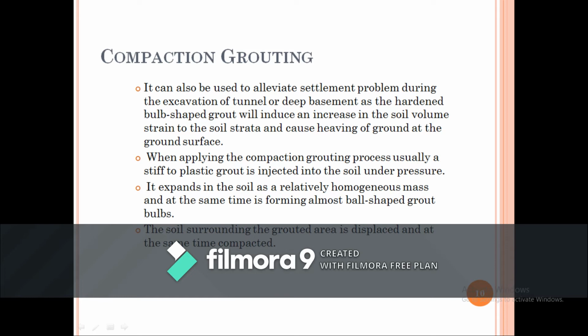I said initially that when you apply pressure, it can travel very smoothly. A semi-solid material will behave like a liquid. So whenever you are applying compaction grouting, always remember that a stiff to plastic grout is injected into the soil under pressure.